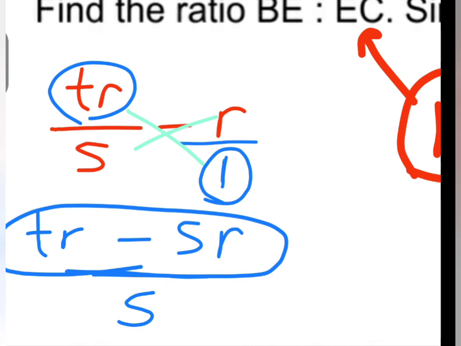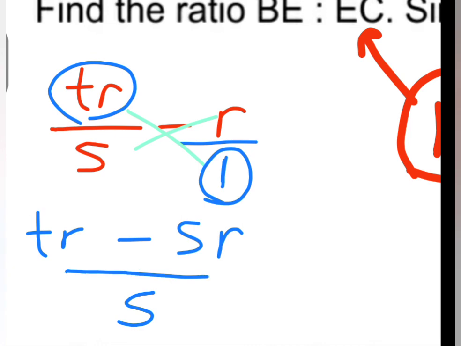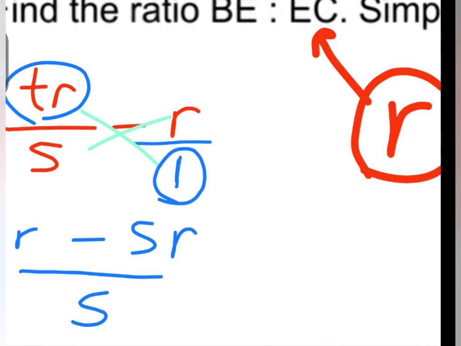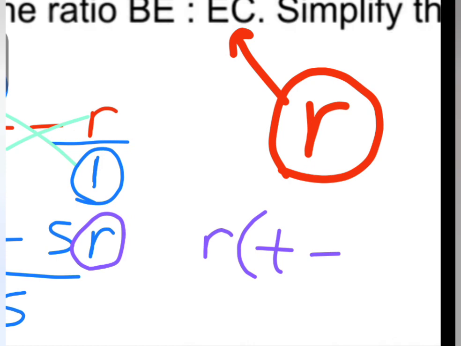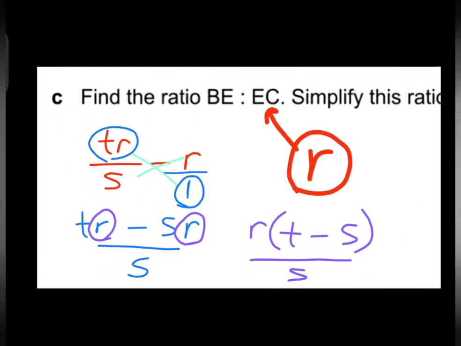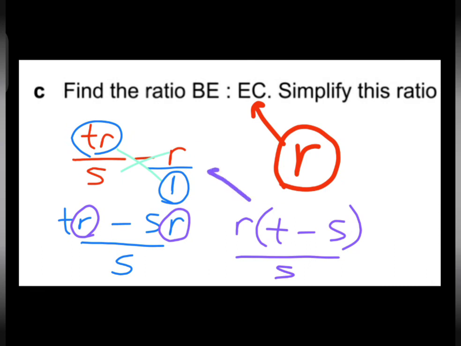So what do we do? We take a common factor between them, which is R here, and we put it outside, and then we open a bracket, we put the T, which we left here, and then we put the minus sign and the S, and then we put the S underneath it. So this is the simplest form for this one.